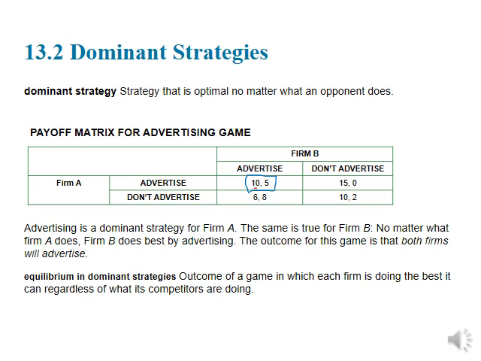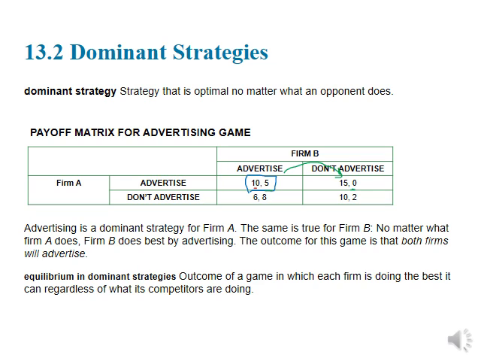Similarly, suppose we're at this dominant equilibrium and Firm B says, you know what, I don't want to advertise. Then again, they're sacrificing payoff. They would go from 5 to 0, so they would never make that choice.